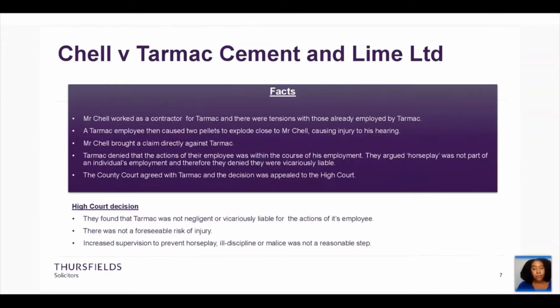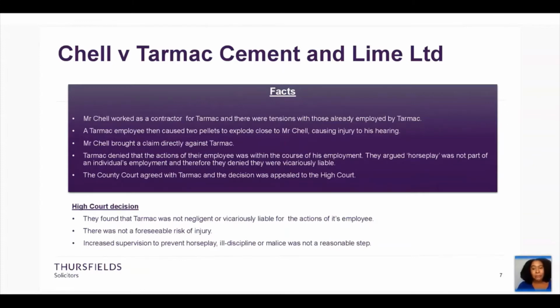The High Court found that Tarmac was not negligent or vicariously liable for the actions of its employee. The court found it was asking too much for an employer to implement a health and safety policy which covered horseplay or practical jokes.